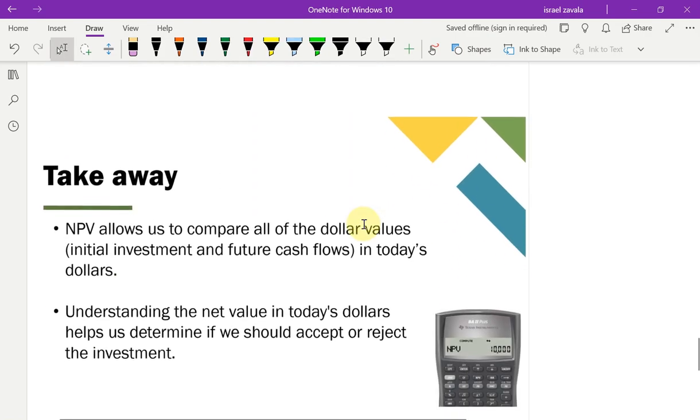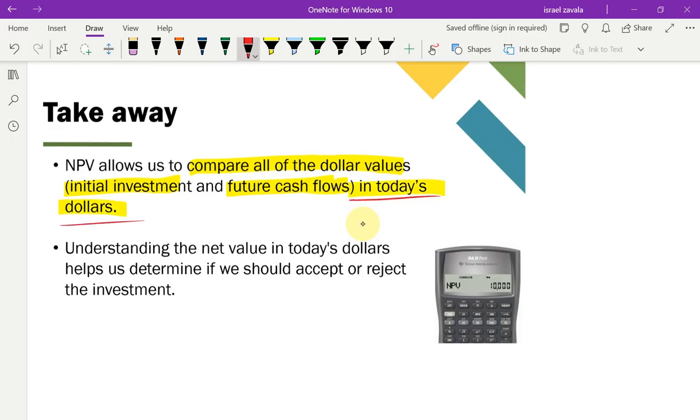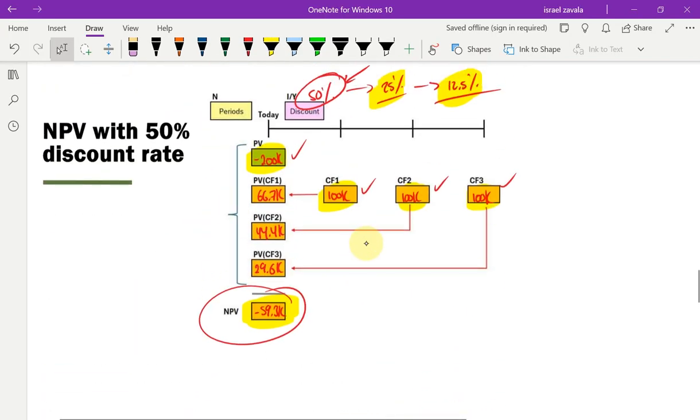Okay? All right, so I just want to leave you with this takeaway. NPV allows us to compare all of the dollar values, the initial investment and the future cash flow, in today's dollars. This part is critical, in today's dollars. Okay? It's really hard for us to compare a $200,000 investment with future cash flows.